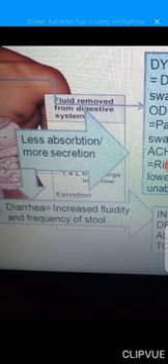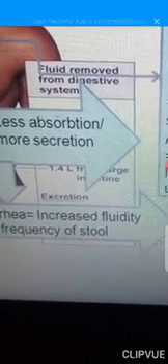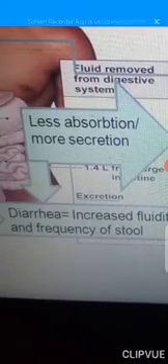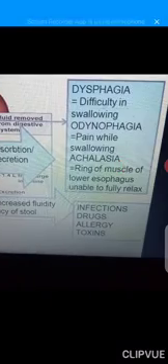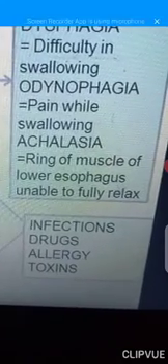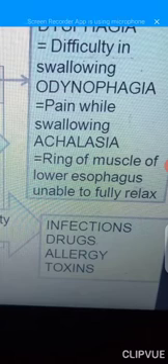Diarrhea is increased fluidity and frequency of stool, and this will be due to either less absorption or more secretion. Either of these will result in diarrhea, and diarrhea is one of the commonest symptoms, the commonest sign, of a gastrointestinal disorder.